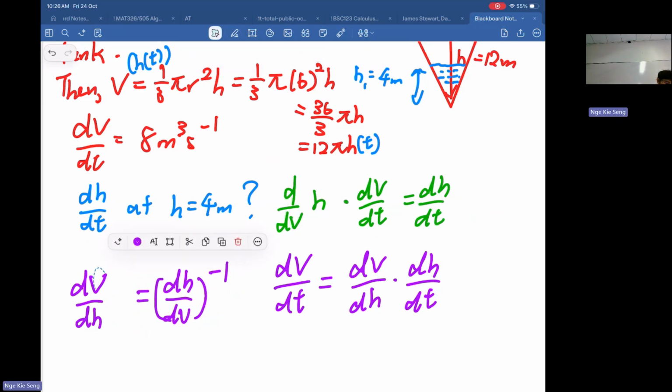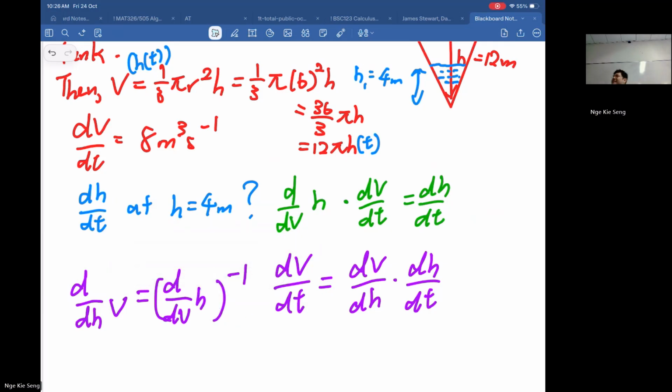How about I rewrite the form like this? This is the actual derivative form, right? Is this true? I'm not sure whether it's always true or not. That's the problem: I don't want to write the derivative in fraction form, because this might not always be true. The first one makes sense if you can write the height in terms of volume.